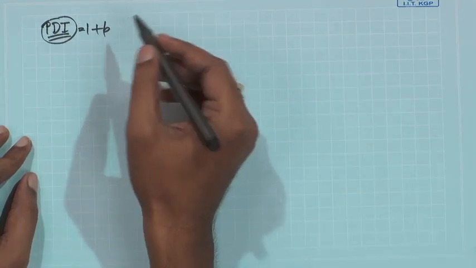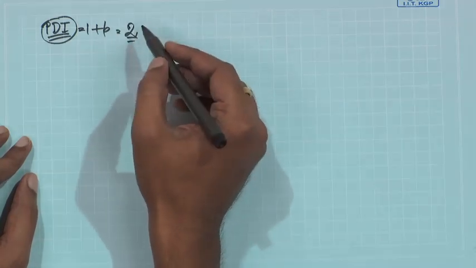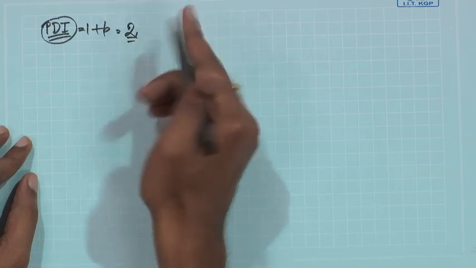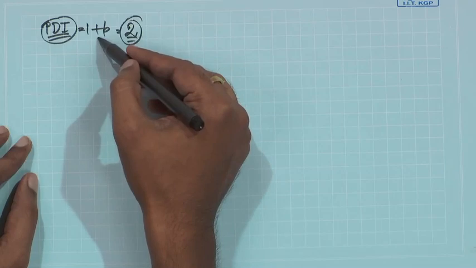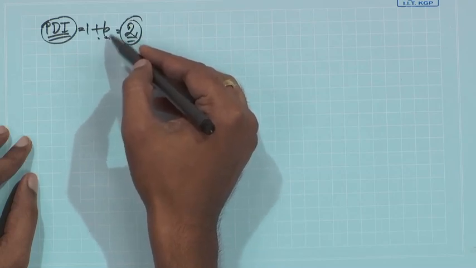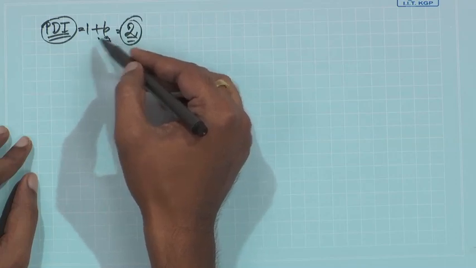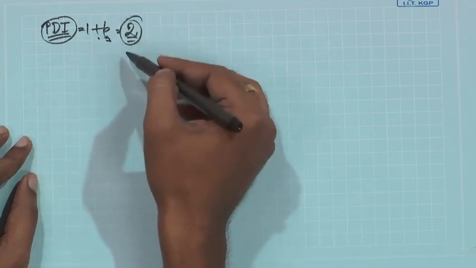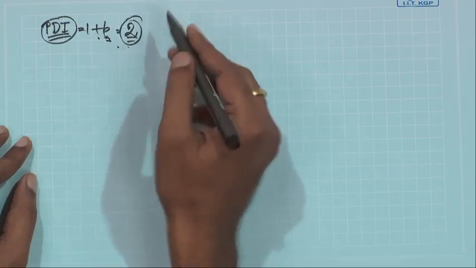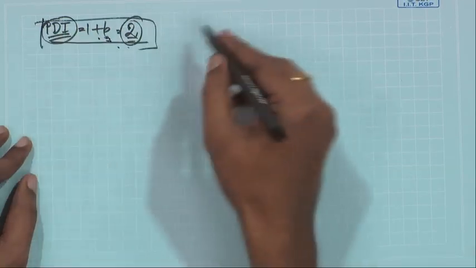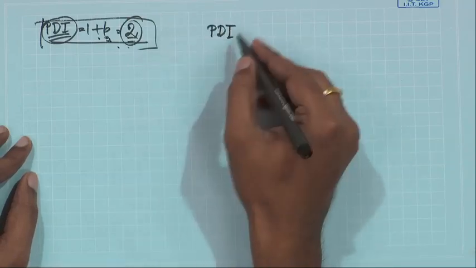So, if the conversion is 1, then your PDI is 2, and even though we want a narrow distribution, for a step polymer we cannot get less than 2, because p, the fractional extent of reaction, has to be close to 1. So, your step polymer of any reasonable, industrially important molecular weight will have a PDI of at least 2. This we discussed elaborately, but what we did not discuss is the expression of PDI for radical polymerization.